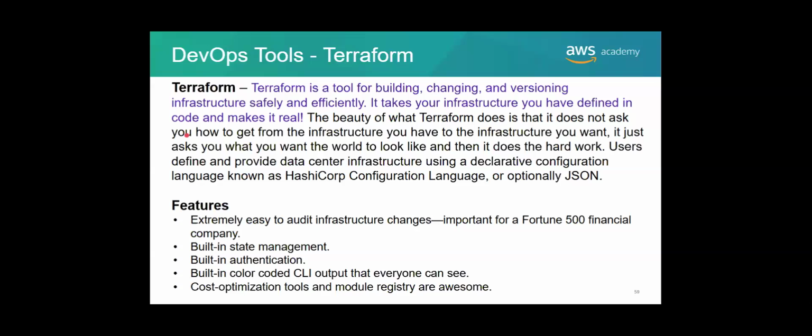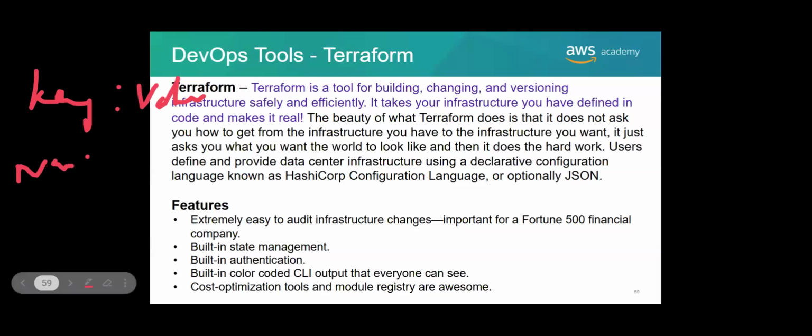Users define and provide data center infrastructure using a declarative configuration language, which is known as HashiCorp Configuration Language, or optionally your JSON format. JSON format is nothing but like your key value pair. Key value, that is name is equal to.